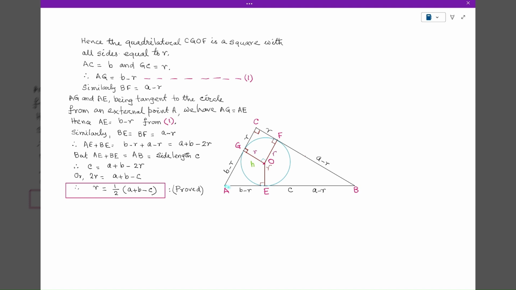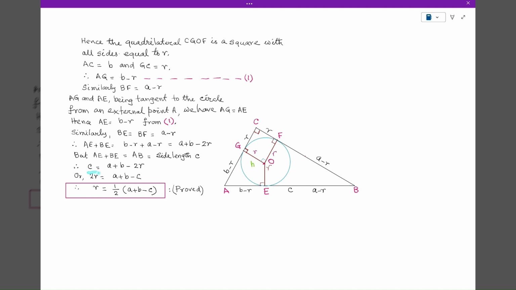Now, AE plus EB is equal to this side, which is nothing but C. Therefore, we get C is equal to A minus R plus B minus R, which is equal to A plus B minus 2R.